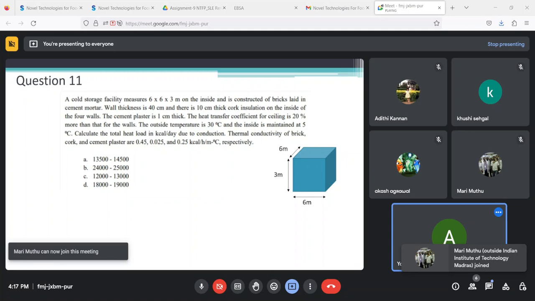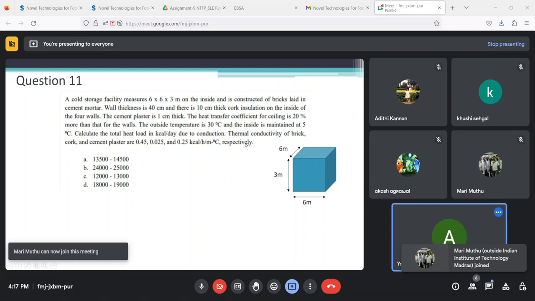The heat transfer coefficient for the ceiling is 20% more than that for the walls. The outside temperature is 30 degrees Celsius and the inside is maintained at 5 degrees Celsius. Calculate the total heat load in kilocalories per day due to conduction.